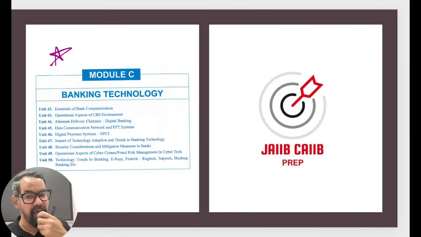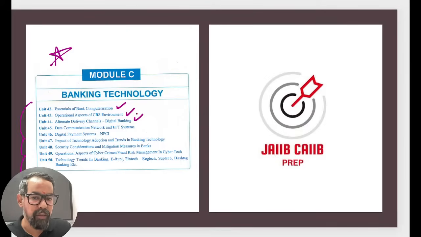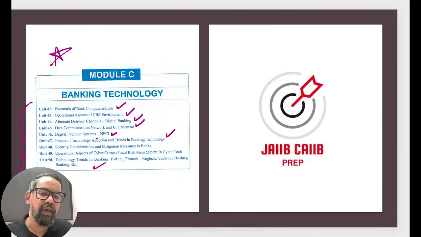These are the units that are part of this topic: essentials of banking computerization, operational aspects of CBS, alternate delivery channels, digital banking, data communication network, digital payments, impact of technology, adoption and trends in banking technology, cyber crimes, and technology trends like e-rupee, fintech, regtech, suptech, and other banking.